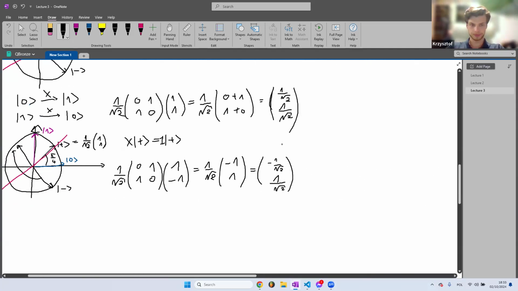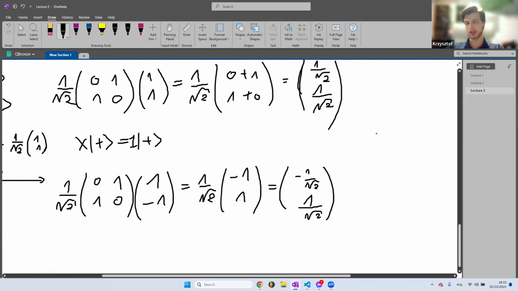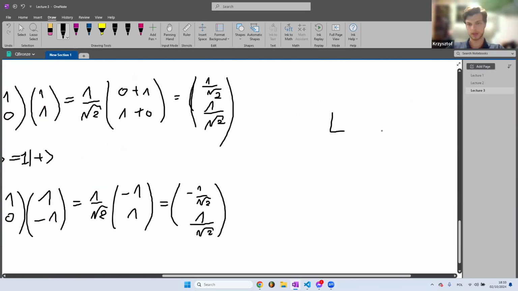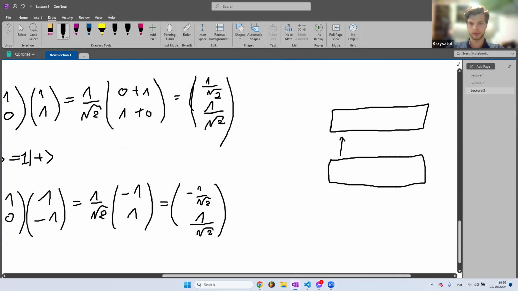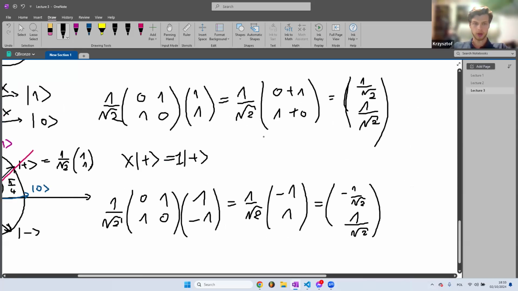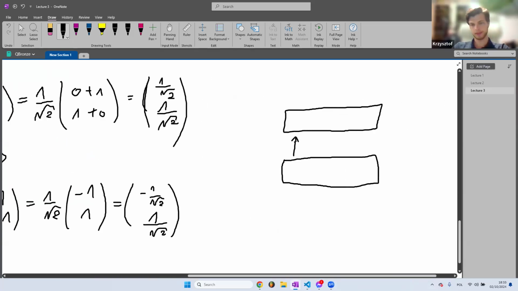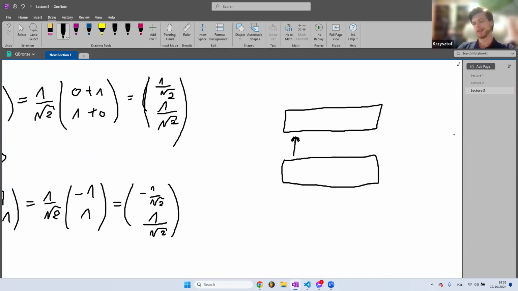But for example, in real life, what I like to think of is, once again, the Stern-Gerlach experiment with the magnetic field. You can think of this experiment as a quantum gate, if you did not make the measurement, let's say.